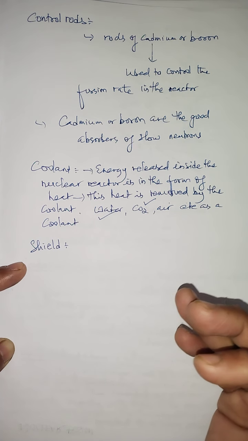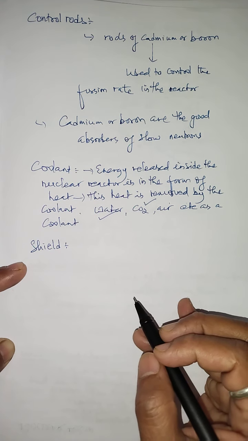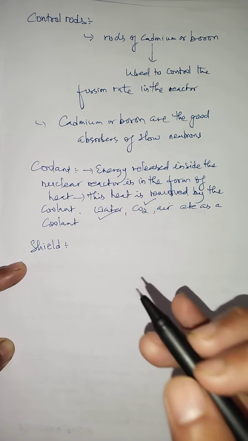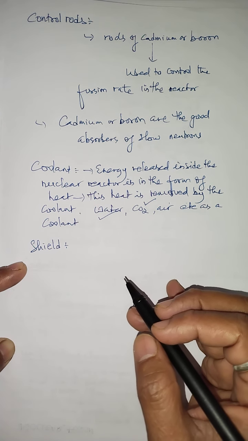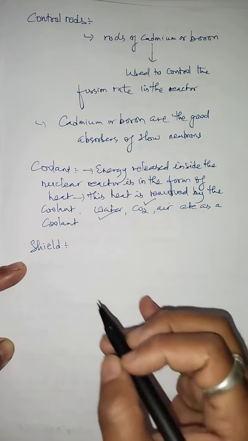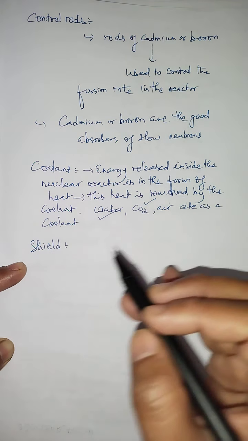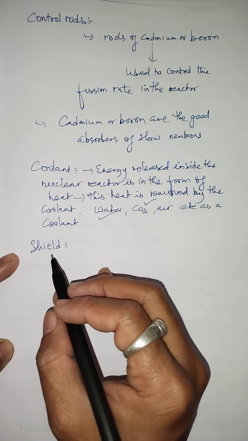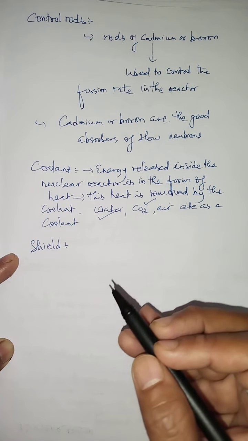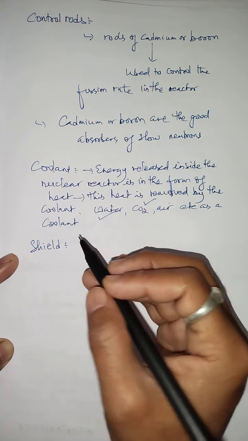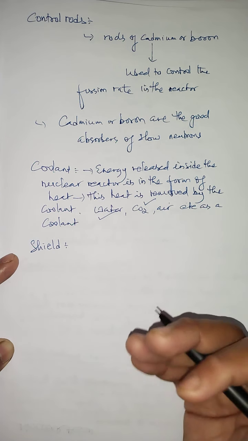That's why various types of intense rays are emitted from the nuclear reactor, and these rays can injure people, and may even make them die when they work at the nuclear reactor. If this nuclear reactor is not covered by a shield, that is called a concrete shield, the people working on the nuclear reactor may simply get injured, or they may die because of the continuous intense rays emitted from the nuclear reactor.